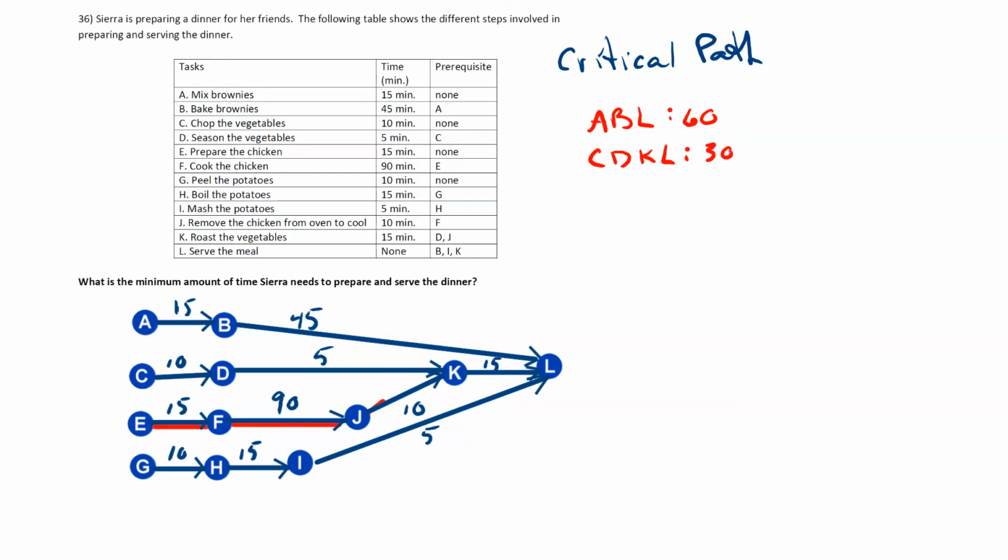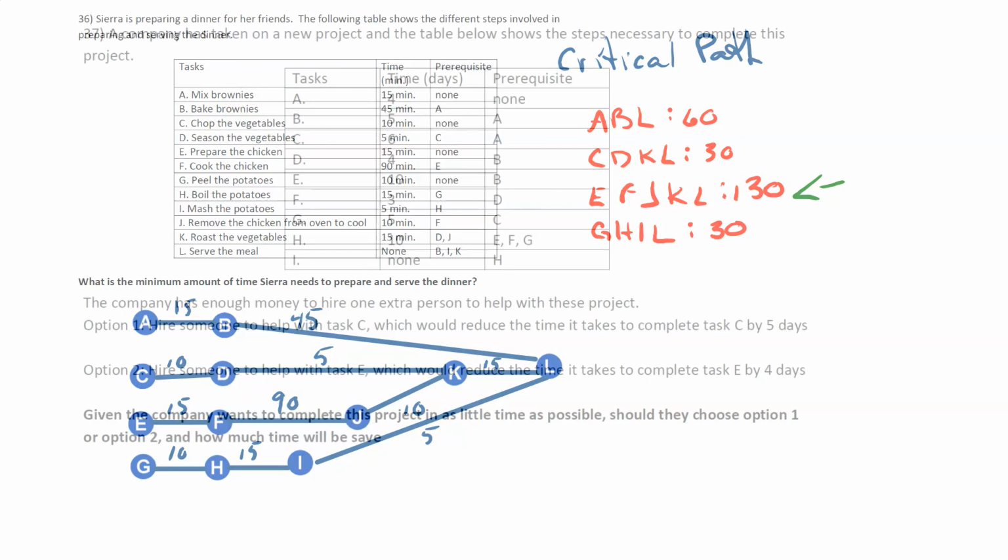EF, FJ, JK, KL is 130 minutes. GH, HI, IL is also 30 minutes. From this, we can conclude by finding the longest path that the critical path is EFJKL at 130 minutes.